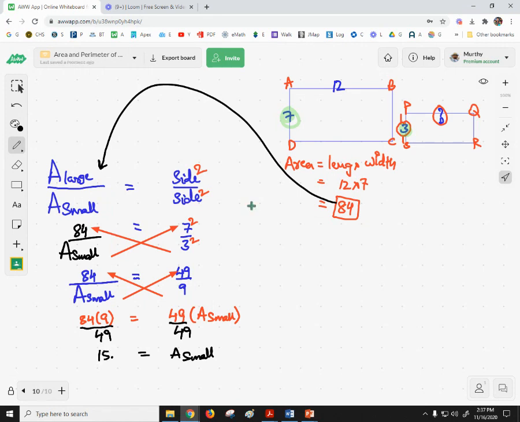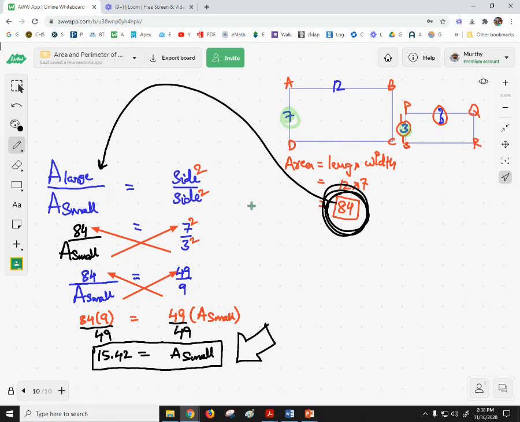That makes sense because the area of the large triangle is 84, and the small triangle is less than that. When I compare the sides also, 7 and 3, right? So yeah, reasonably correct. And if you want, you can check them. I'll tell you how to check these values.